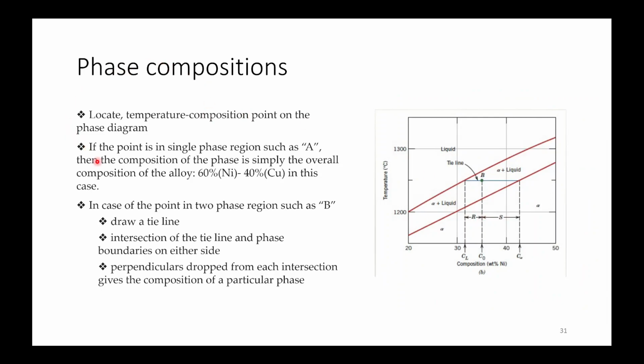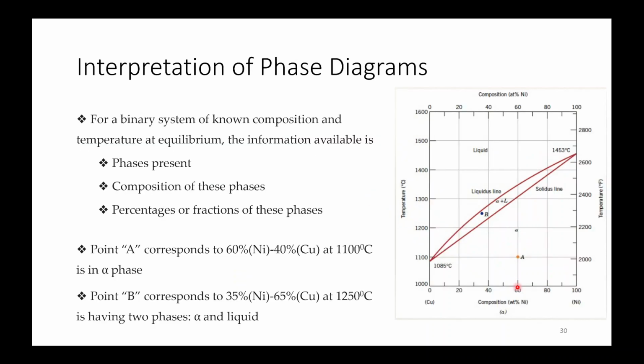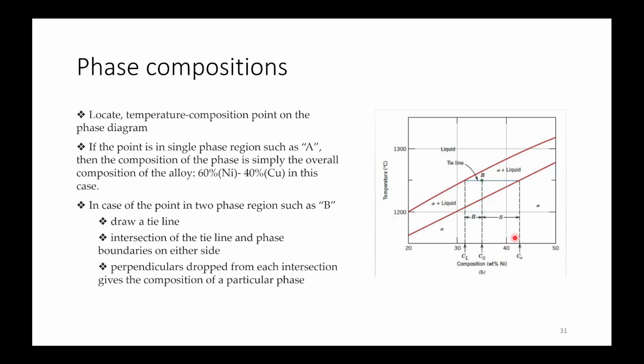Now for getting phase compositions, we need to draw a tie line. So firstly, locate the temperature-composition point on the phase diagram. If the point is in a single phase region, for example point A, it is entirely alpha. So we directly know 100% alpha is present there. Then the composition of the phase is simply the overall composition of the alloy. So 60% nickel and 40% copper in this case.